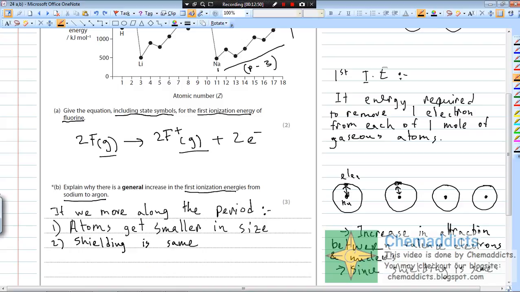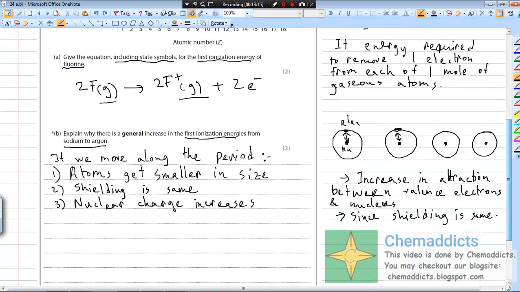Then another point is nuclear charge. Here the nuclear charge also increases as we move along the period. The nuclear charge increases. This results in a stronger attraction between the nucleus and outer electrons.